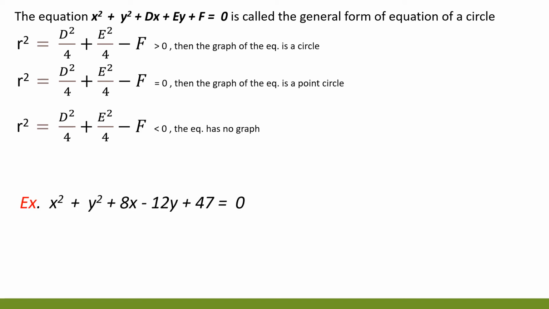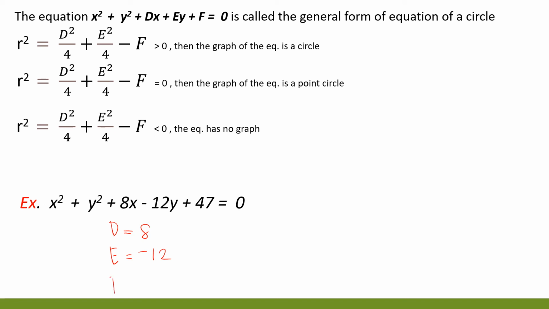Let us have a sample. x squared plus y squared plus 8x minus 12y plus 47 equals 0. At first, identify D, E, and F. In this case, D is 8. E is negative 12. And then what?